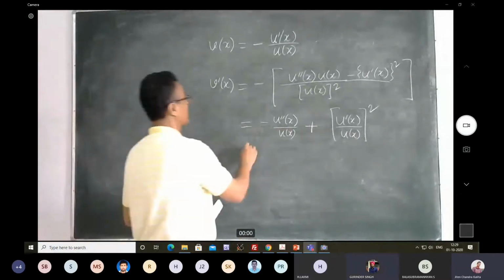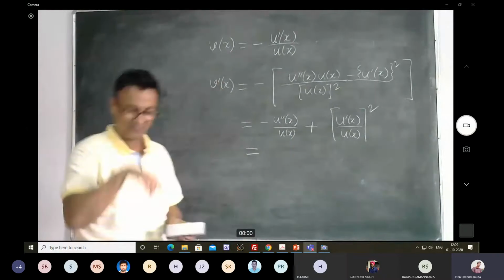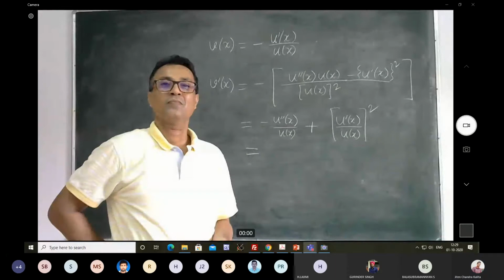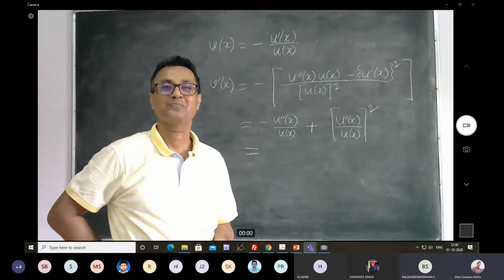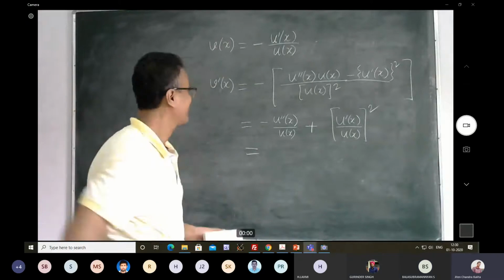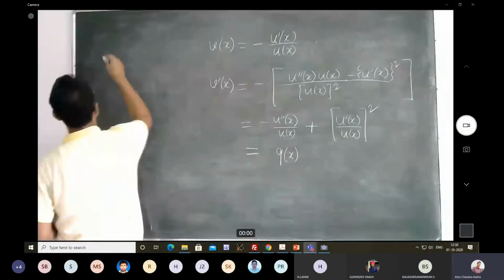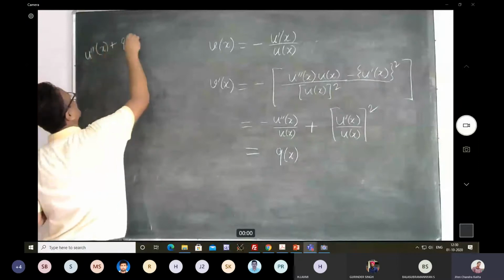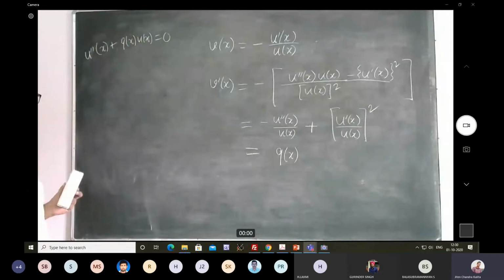Okay. What is this? What is the first term? q x. Exactly. This is nothing but q x, because my original equation was u double prime x plus q x u x, isn't it? Right?